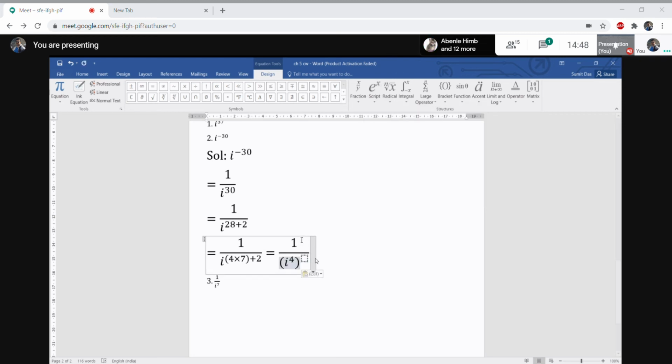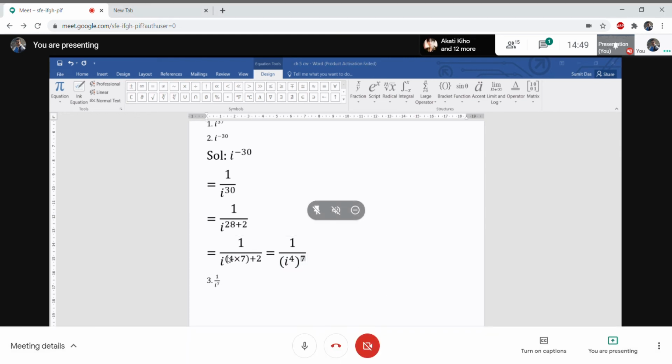I hope I can write like this: 4 into 7, so I can write i to the power 4 in bracket into 7.